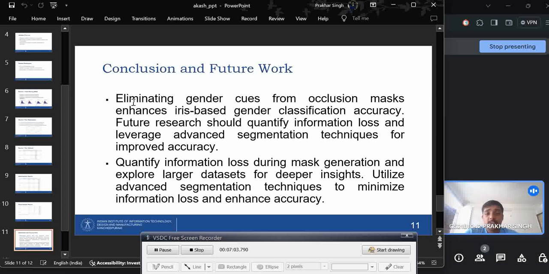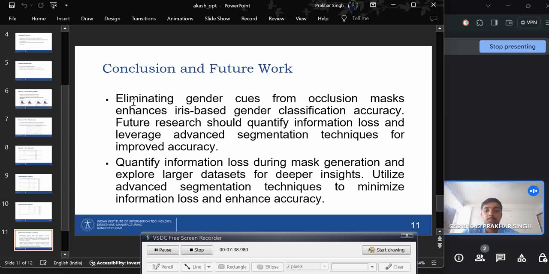The research revealed that the occlusion mask significantly influenced gender classification accuracy, emphasizing the importance of focusing exclusively on iris structure for accurate results. Pairing occlusion masks by gender equalizes their distribution, shedding light on the impact of these masks on classification.